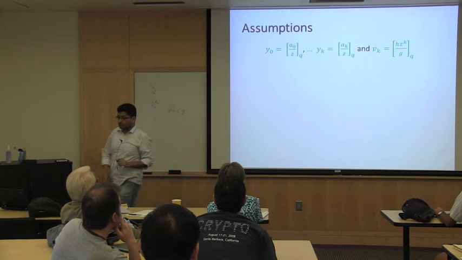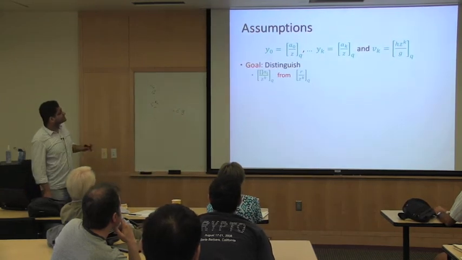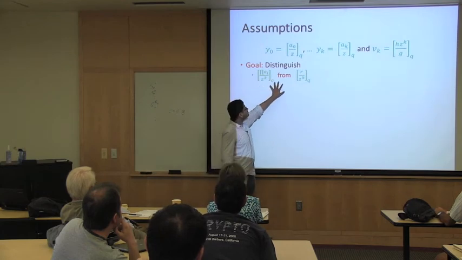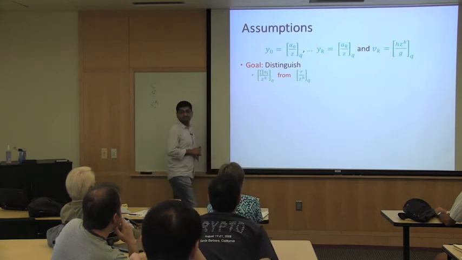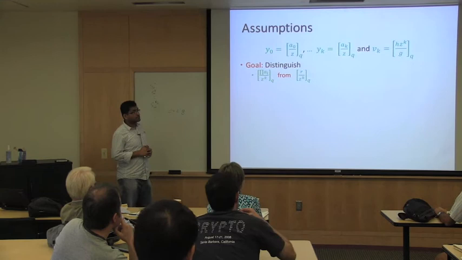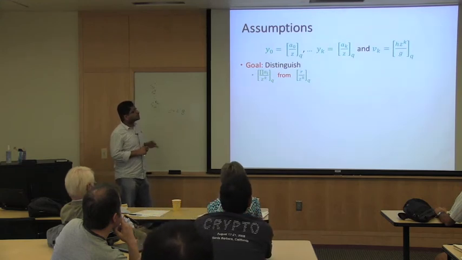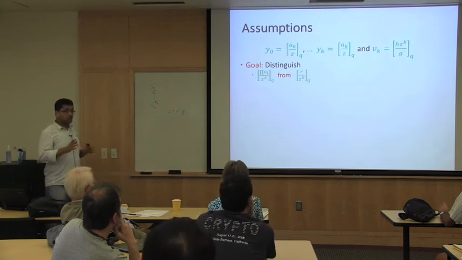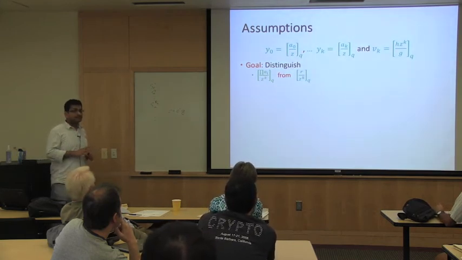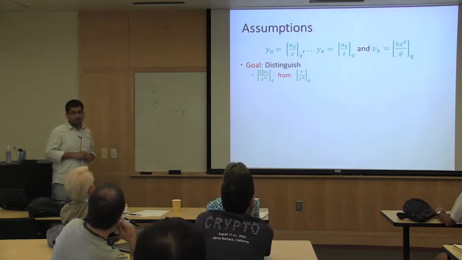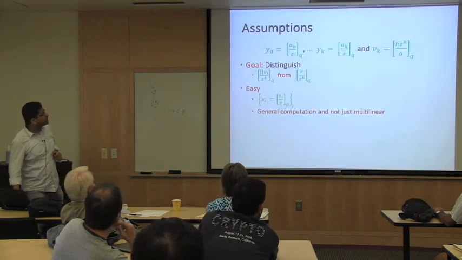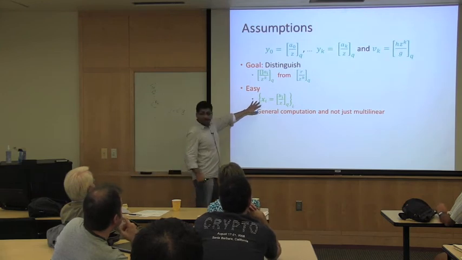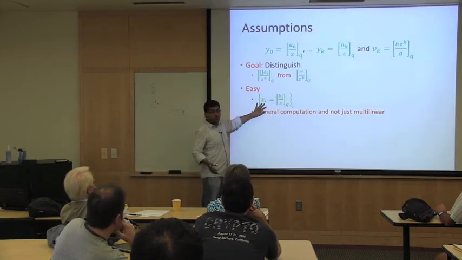The challenge element is the product of AI with ZK, and your goal is to distinguish this from something random. So even without the zero test and the encoding for 1, this assumption is already starting to be useful. You could consider the easier variants when you start giving away encodings of 0 and encoding of 1 at the first level.